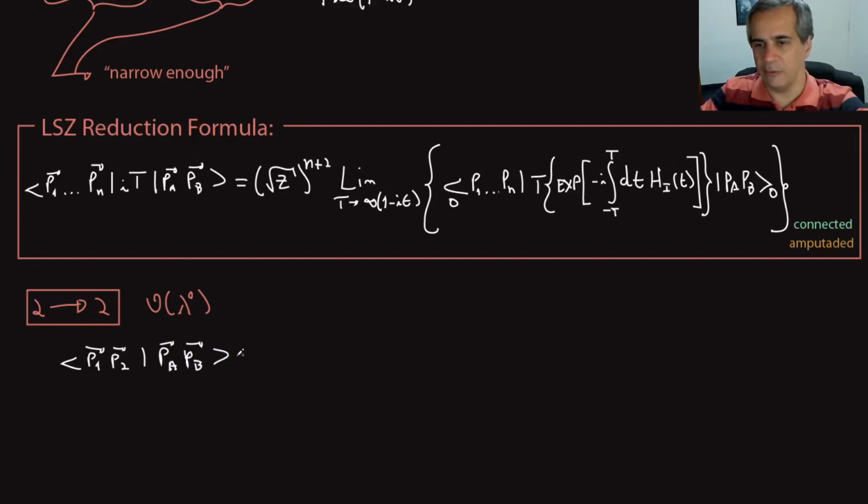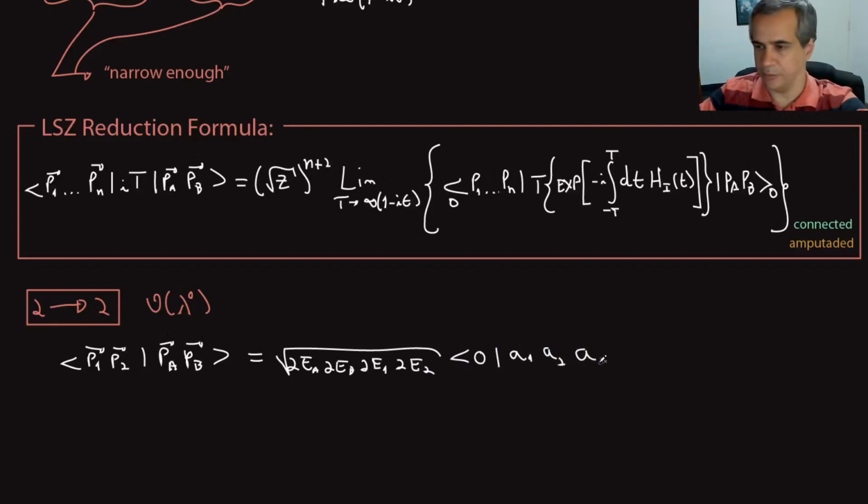And I know that I can write those states in this way, right? There's just a big normalization to EA, to EB, to E1, to E2, times a few creation and annihilation operators.